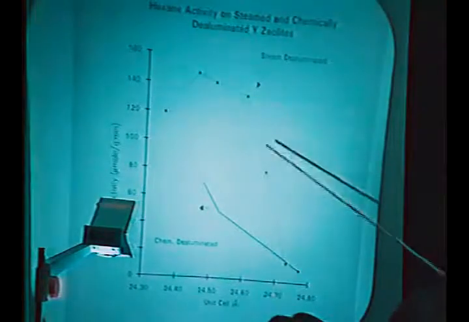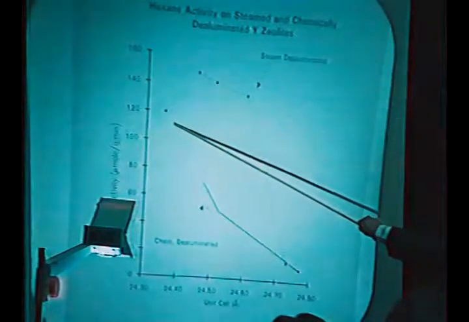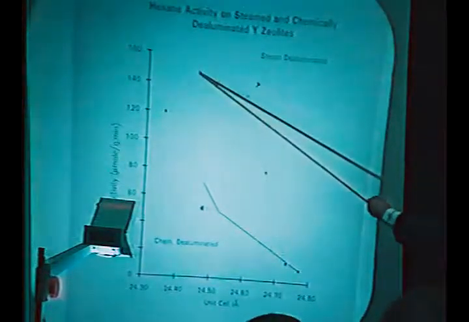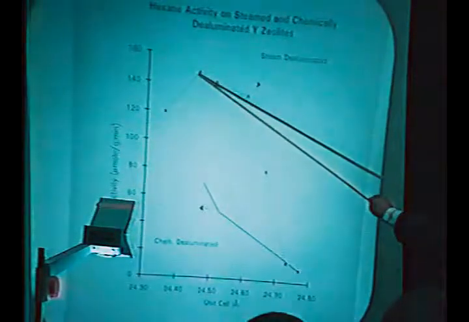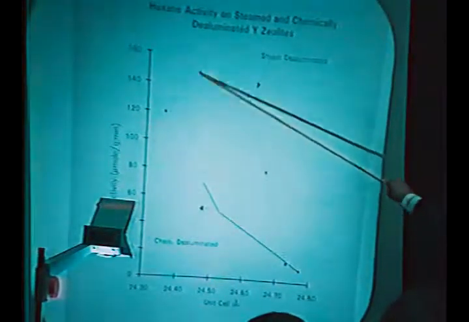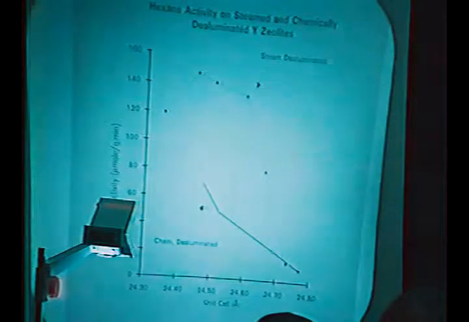And since we were able to go to smaller unit cell size here, we went through a maximum for steam dealuminated ones, and that maximum is at 24.44 almost, which is where all the aluminum sites or the acid sites are isolated at that point. So beyond that, the acid strength should remain constant, and you just get rid of the sites that you have, so activity goes down.